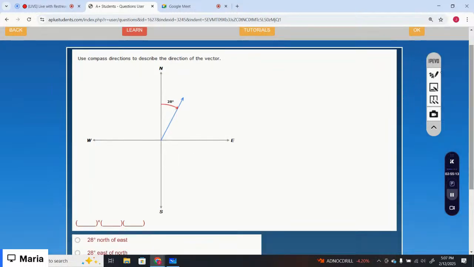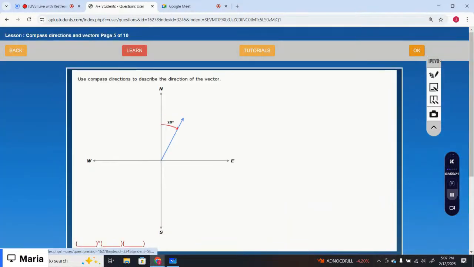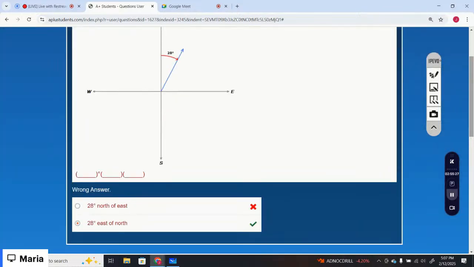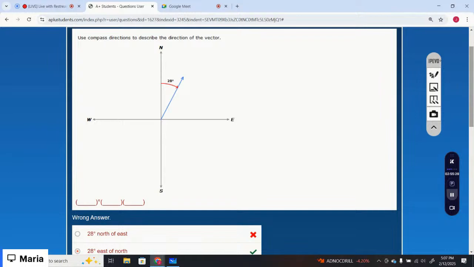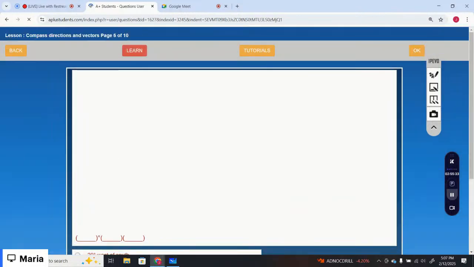That is 28 degrees north of east. Option number 1 is the correct option. Sorry, east of north. 28 degrees east of north.